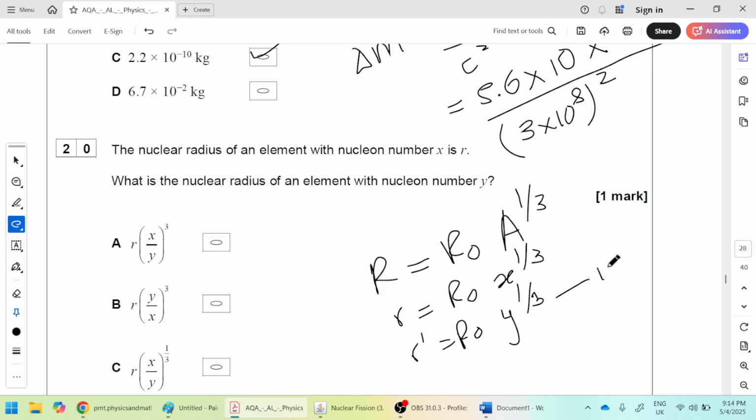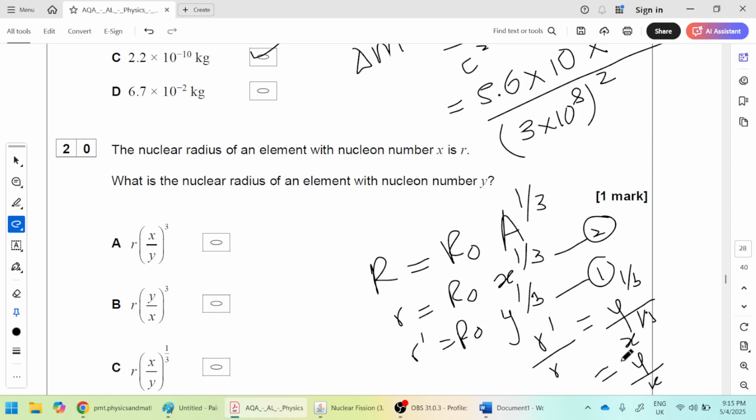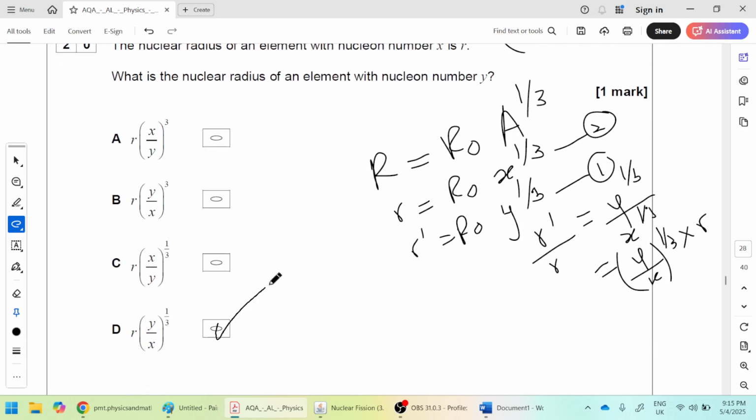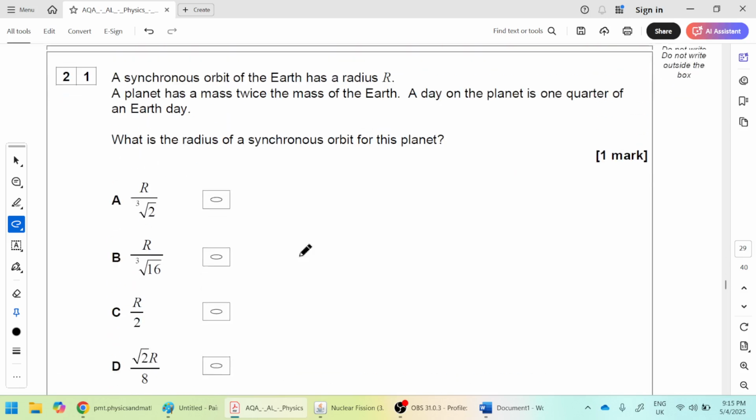I'm going to do 1 divided by 2, which gives me R dash over R is equal to y to the power 1/3 divided by x to the power 1/3. Subjecting this gives me y over x to the power 1/3 times R, which is this. Moving on.